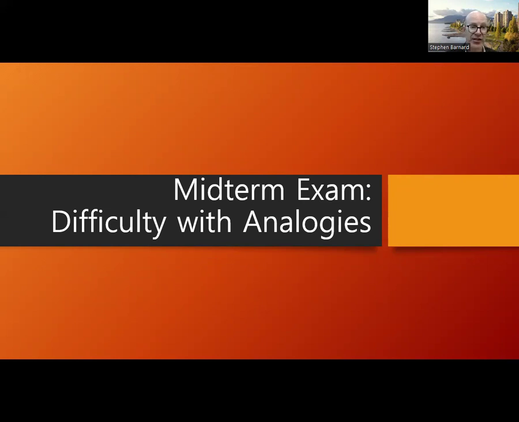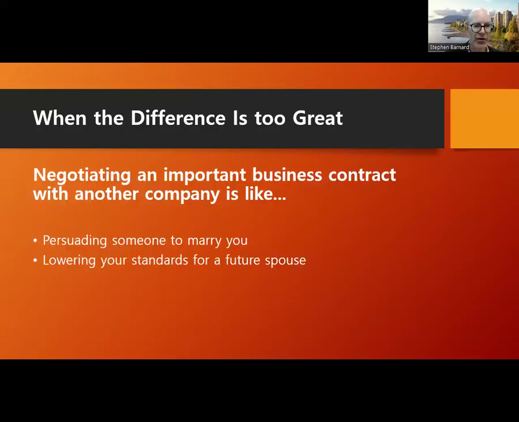So I want to share some of the feedback that I gave them after the midterm. In this case, I'm giving it to you, lucky students, before the midterm. So listen up. All right. So in the last semester's midterm exam, one of the options for an analogy that I gave students was negotiating an important business contract with another company is like.